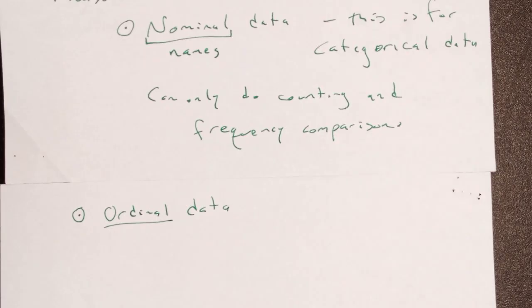Again, I want another definition. What's the word ordinal mean? You're gonna get something funky related to numbers in there. Relating to a thing's position in a series. So ordered, ranked, put in some sort of order.